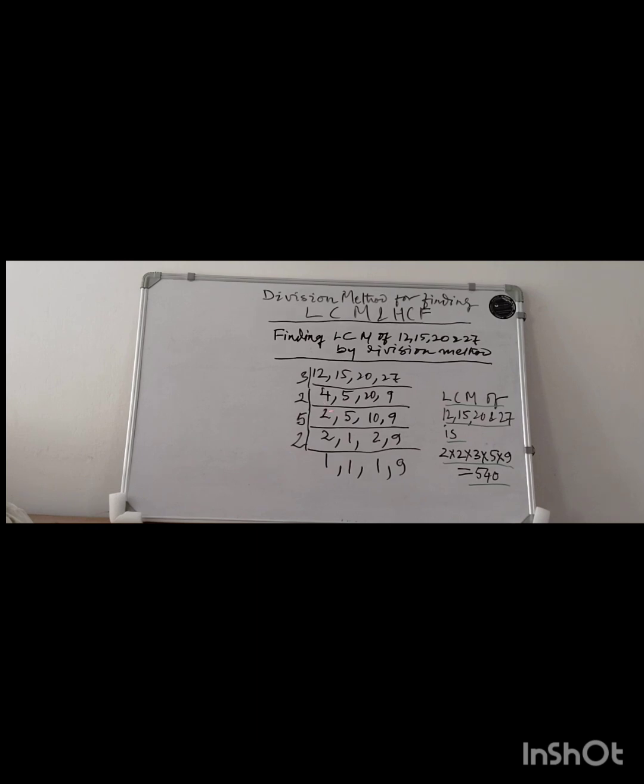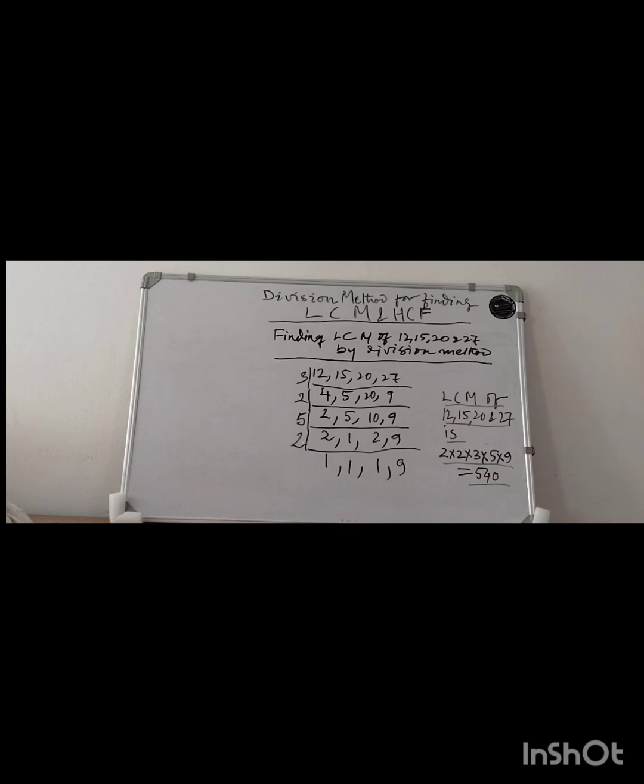So 4 becomes 2, 5 as it is, we carry forward, 20 becomes 10, and 9 as it is. Let me remind you, the number should be a prime number. Now 5 can divide 5 and 10. So 5 is also a prime number. So you are getting 2, 1, 2 and 9 after division.